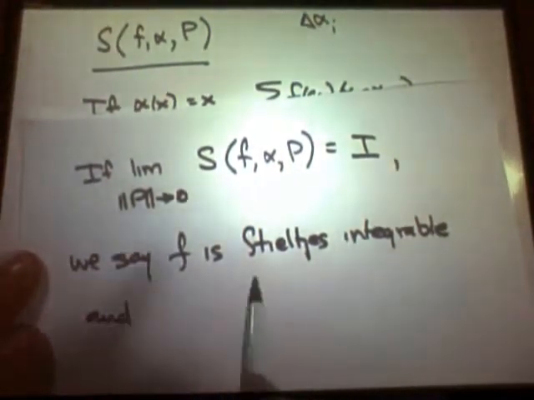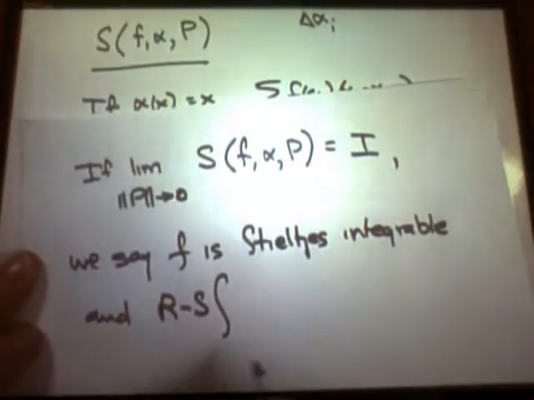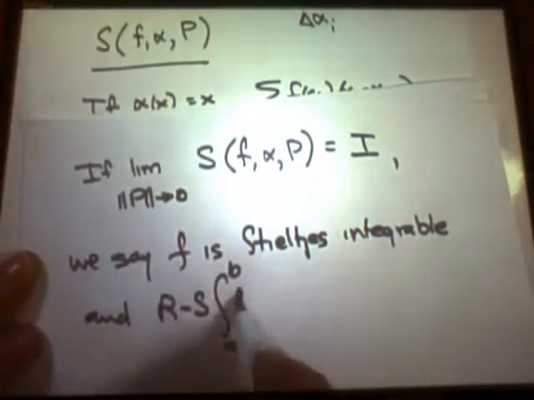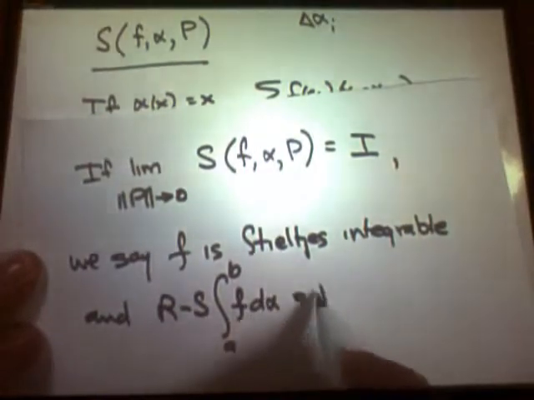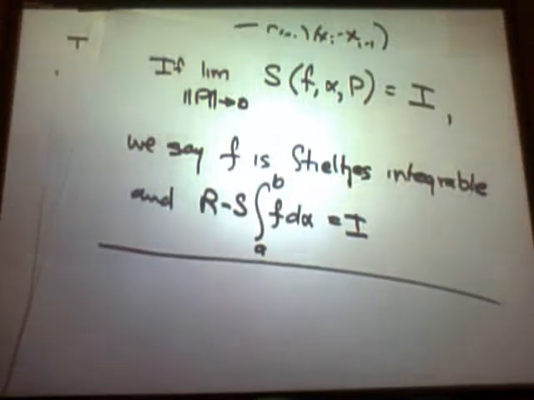And the Riemann-Stieltjes integral from a to b of f d alpha equals I. And once again, if alpha is x, then it's just called Riemann.